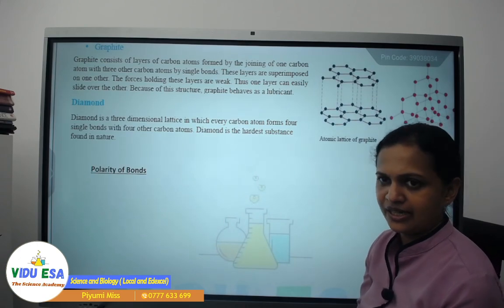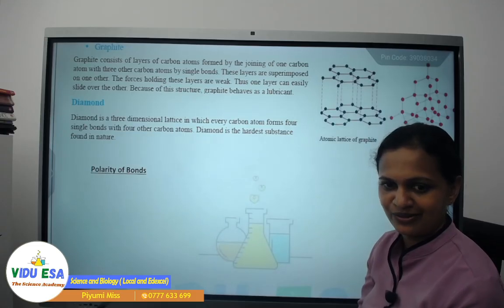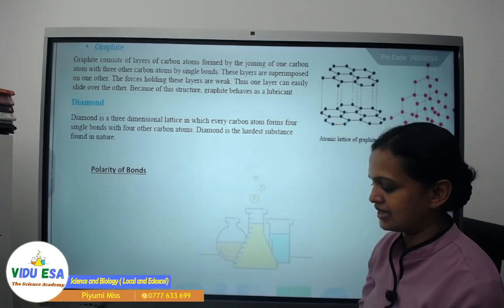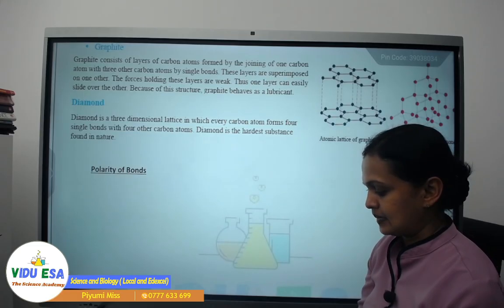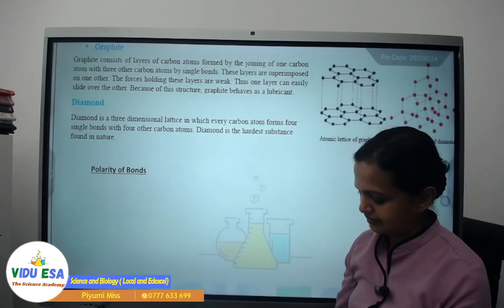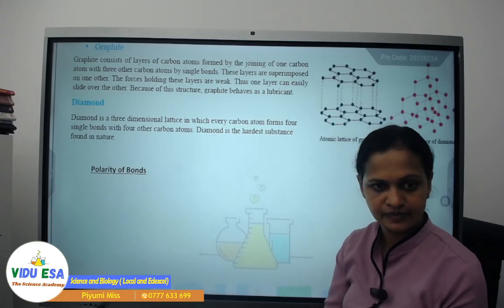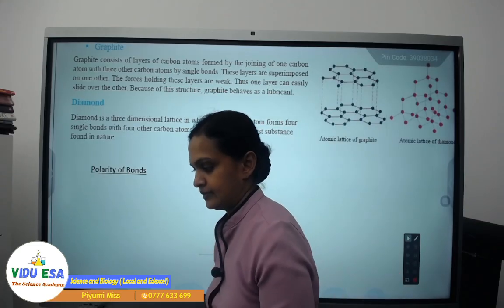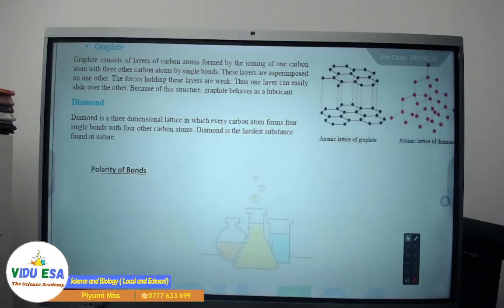Since each carbon atom has a free electron, which moves in between the layers, graphite has got the ability to conduct electricity.